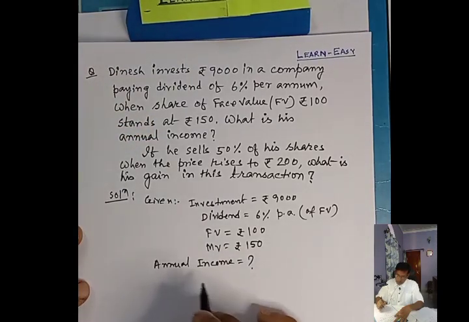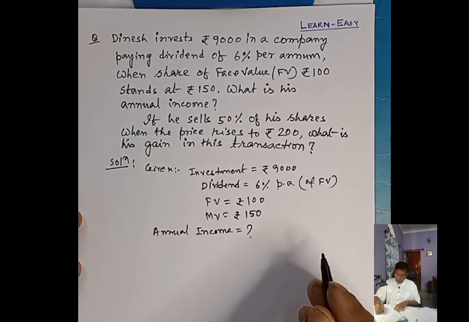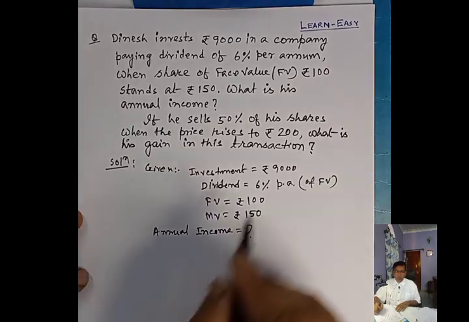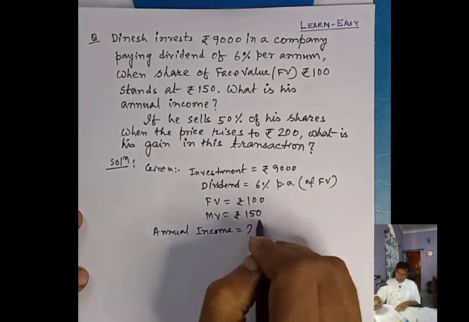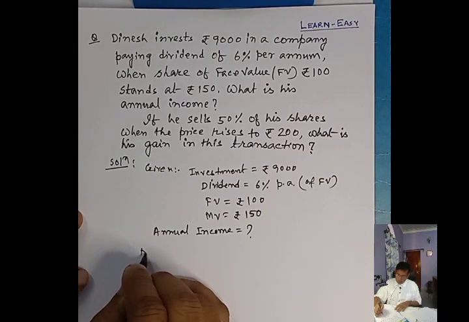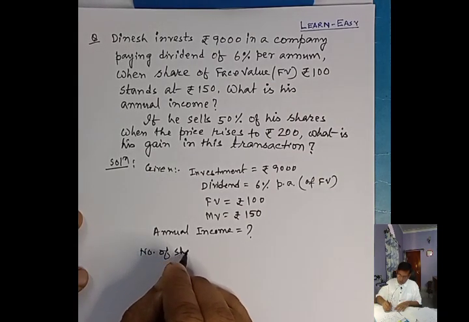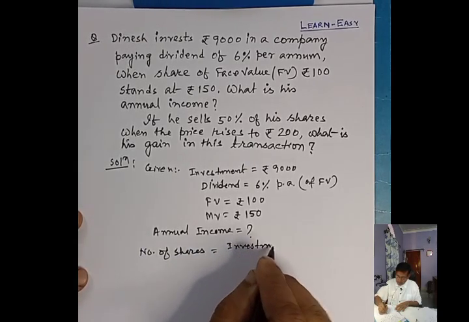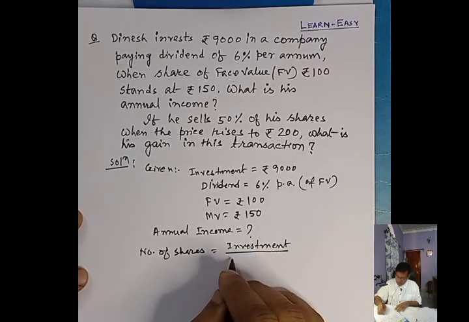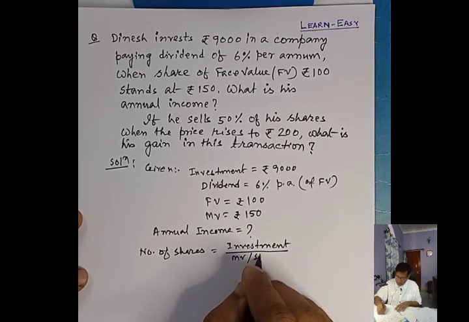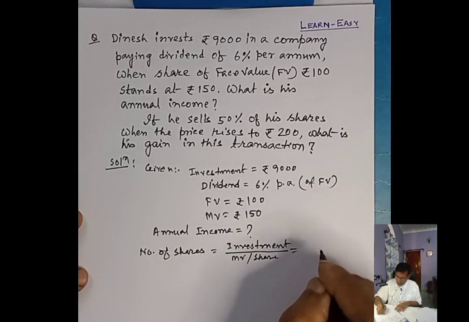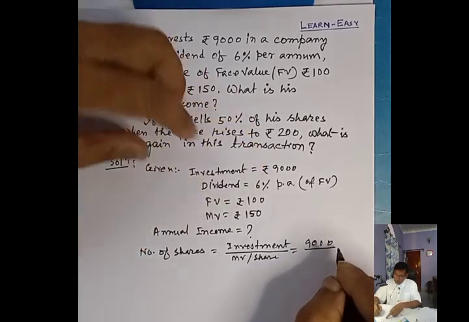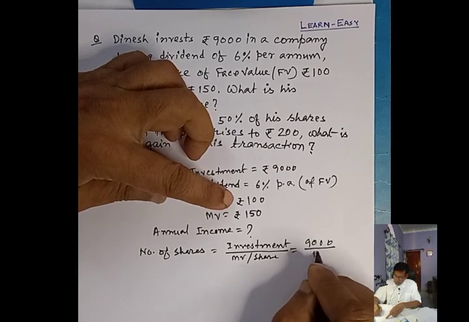Let me do this portion first. So, investment is 9,000, MV is 150. So, number of shares is equal to investment divided by MV per share, is equal to 9,000 divided by 150.